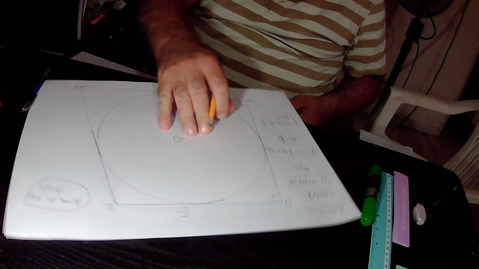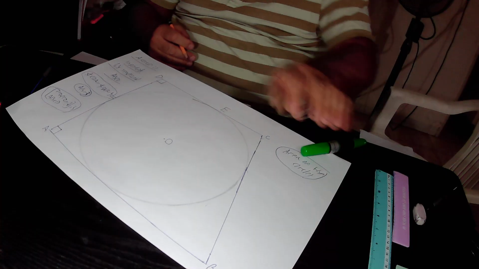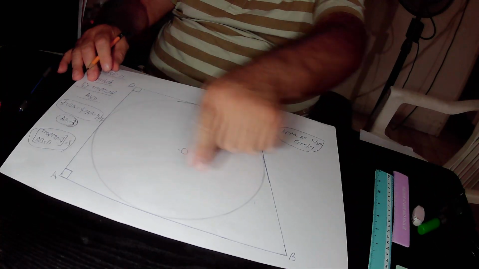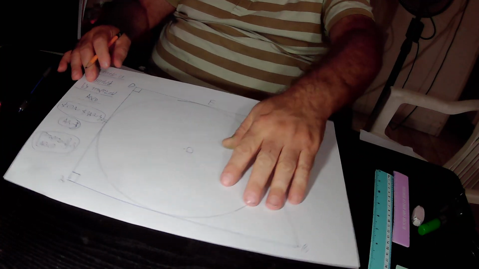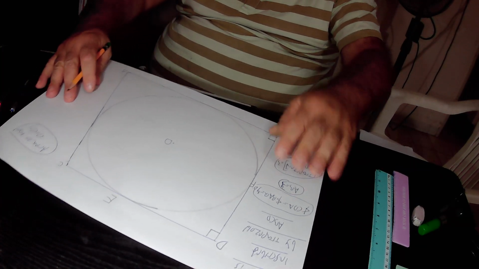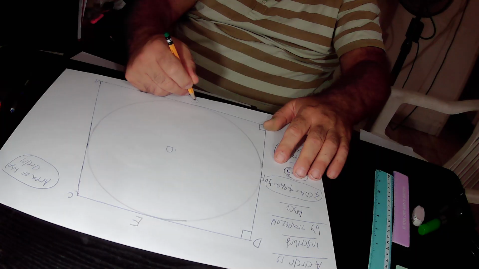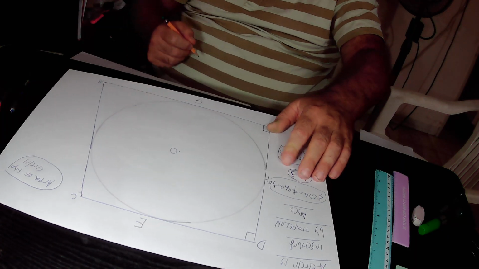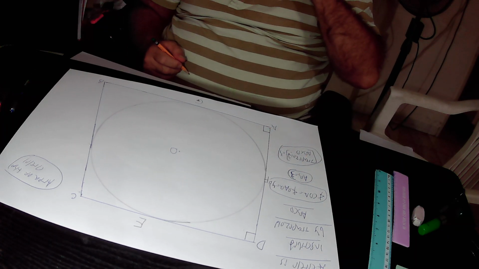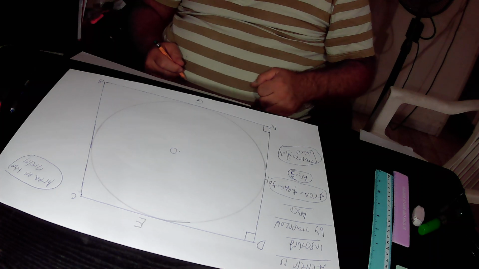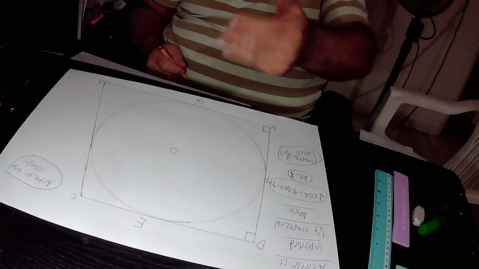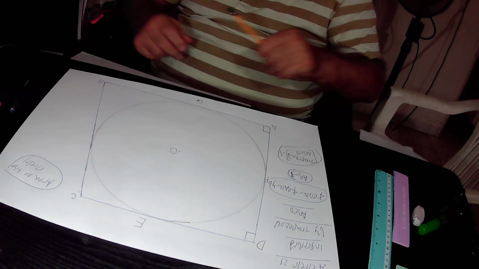And finally, we define the point of tangency of tangent AB with this circle as point G. We also define the radius of this circle as x.